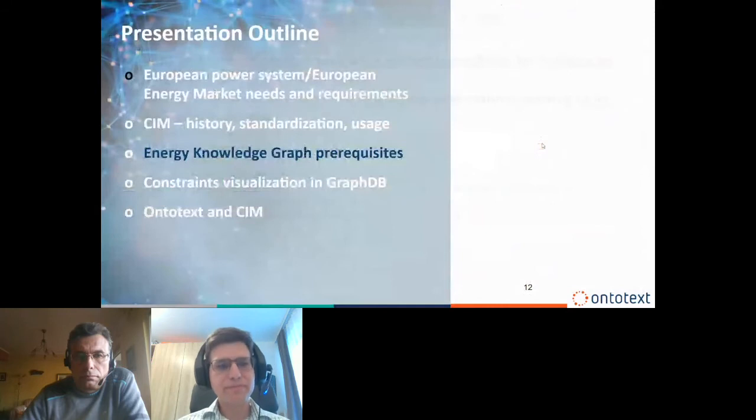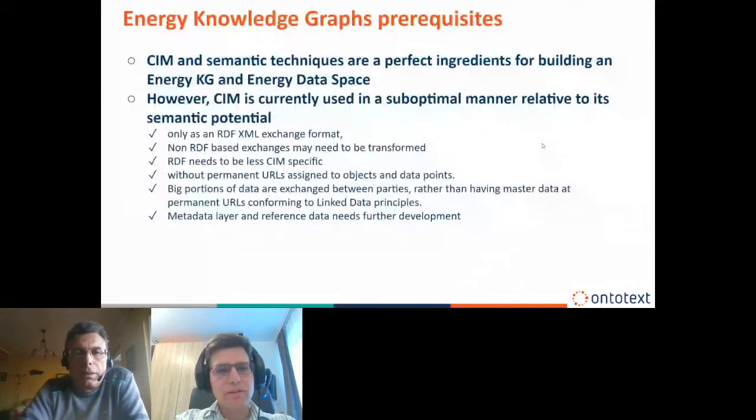If you go to the next, further on. So the energy knowledge graph, so when they come to place, so we see that this fits quite well with CIM, but there are still some things to be done in CIM, and I think Vladimir after me will also go a little bit into details on that.